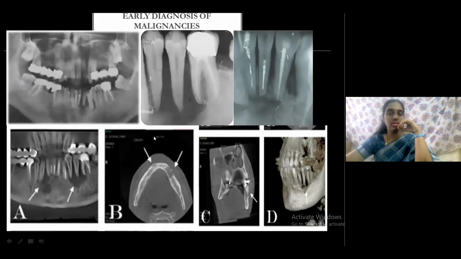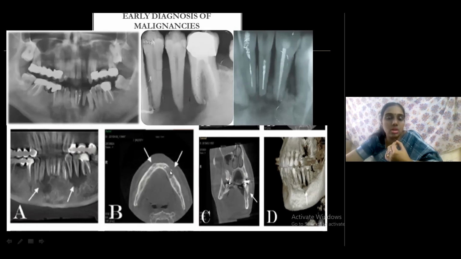This is a case of suspected malignancy, where there was a diffuse radiolucency in the lower border of the mandible in the OPG sections, and this is an IOPA. You can see that there is bone loss and a huge radiolucent lesion. But on taking the CBCT, you will be able to make out the cortical density, the extent into the cortex and the extent into the medullary bone.